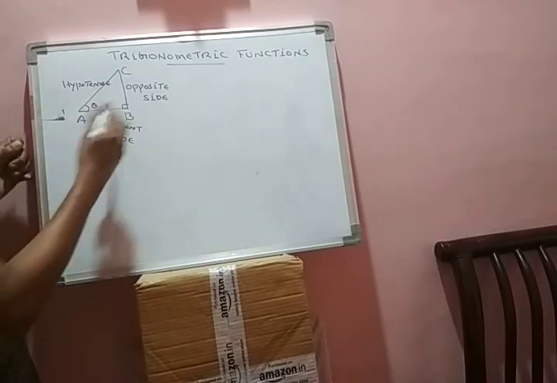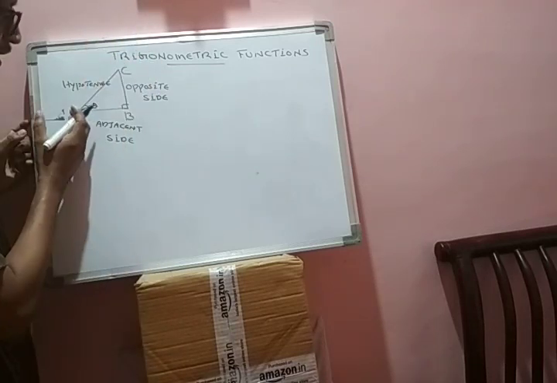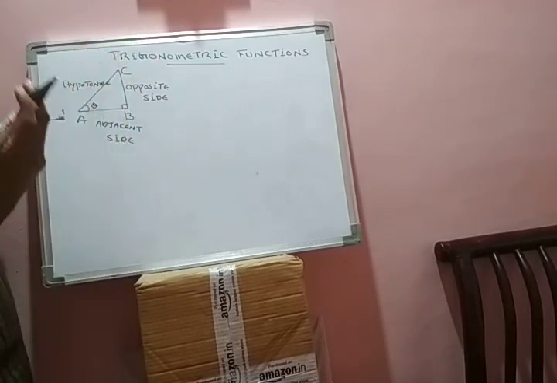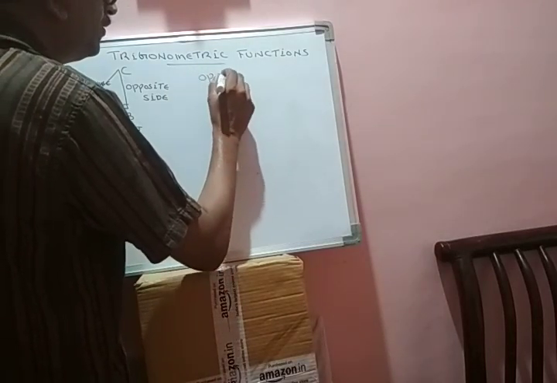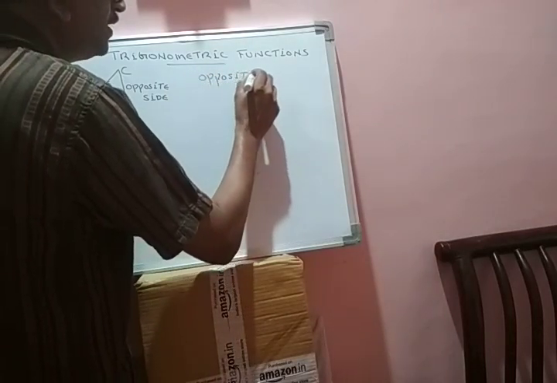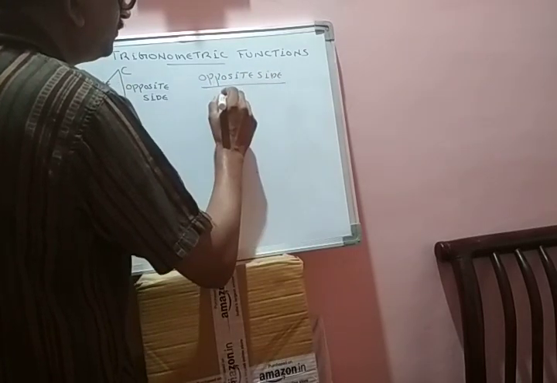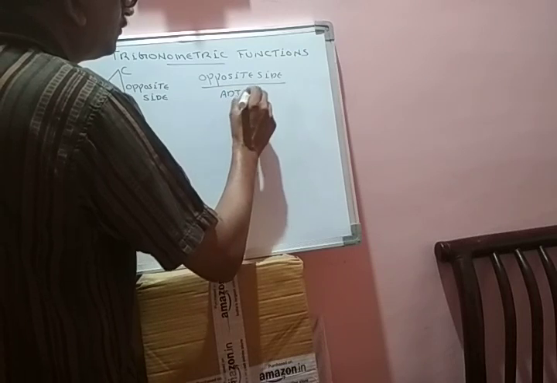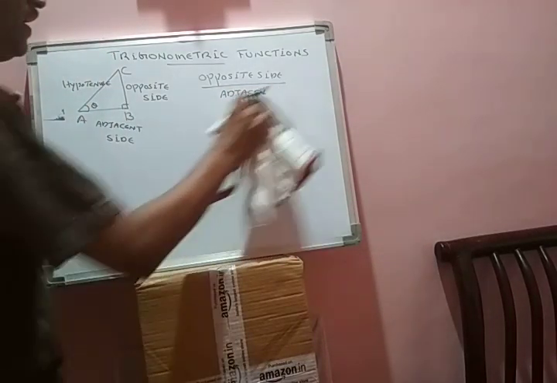Then consider the ratio. Opposite side is a length, adjacent side is also a length, and hypotenuse is also a length. Consider the ratio opposite side by hypotenuse.